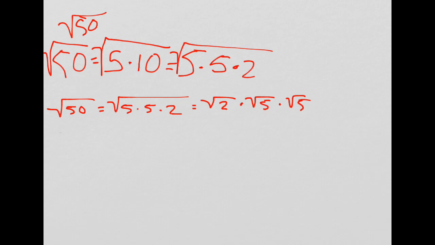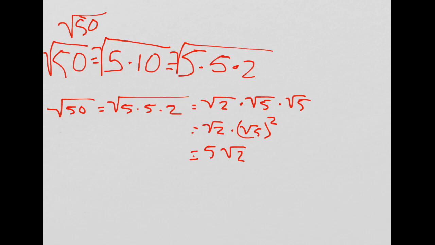Well, the square root of 5 times the square root of 5 is like saying the square root of 5 squared. And we're just going to simplify to 5 square root of 2, because the square root of 5 squared is just 5. And we should expect that, because that's what we already showed geometrically.